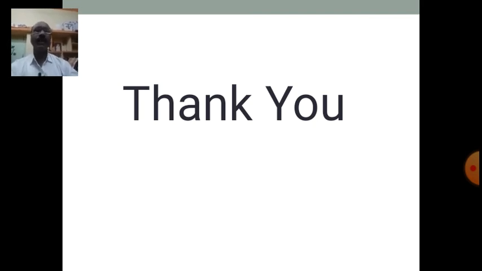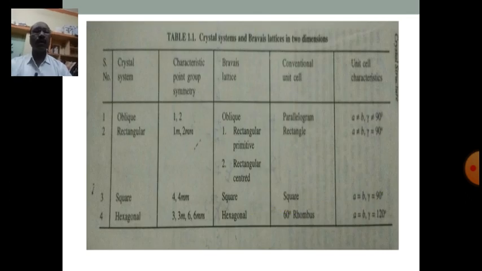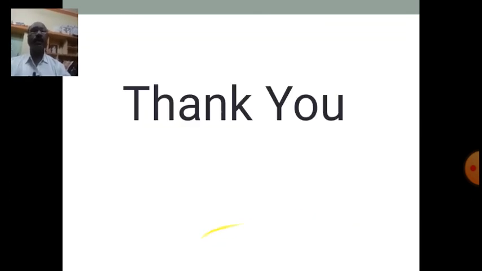In two-dimensional lattices we have studied the crystal systems in 2 dimensions: 4 crystal systems, oblique, square, rectangular and hexagonal, isn't it? So, there are 4 crystal systems and 5 Bravais lattices in 2 dimensions, isn't it?